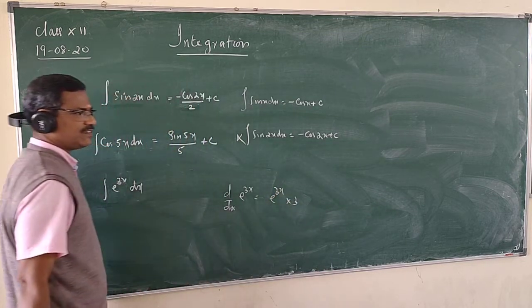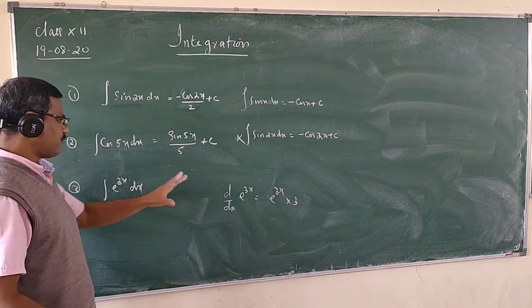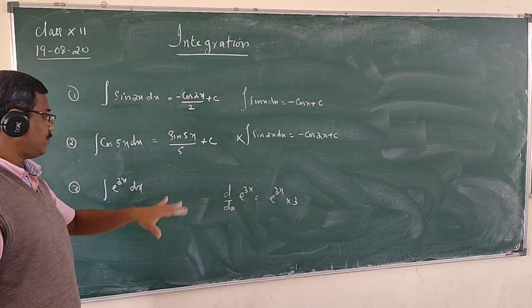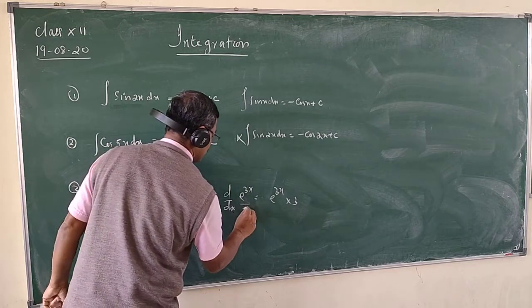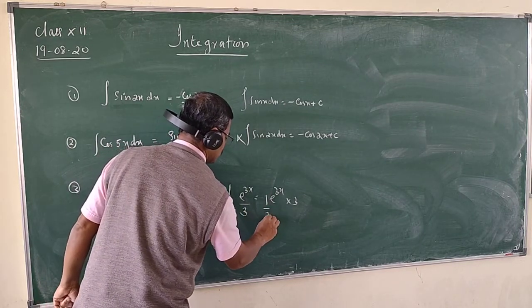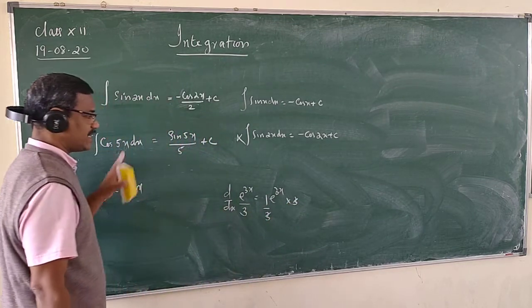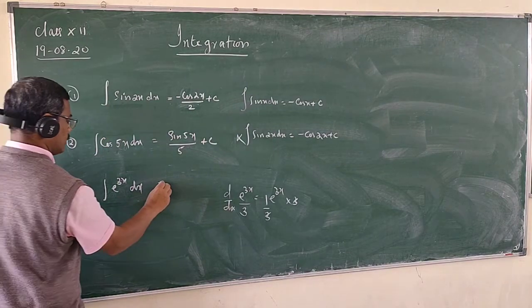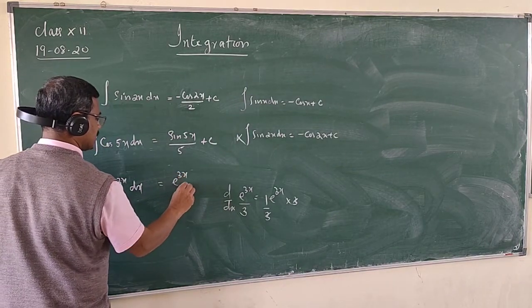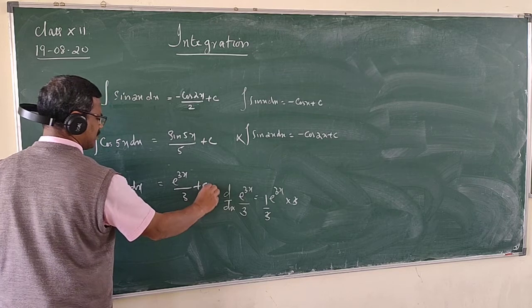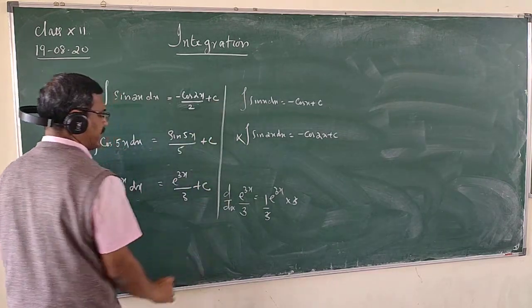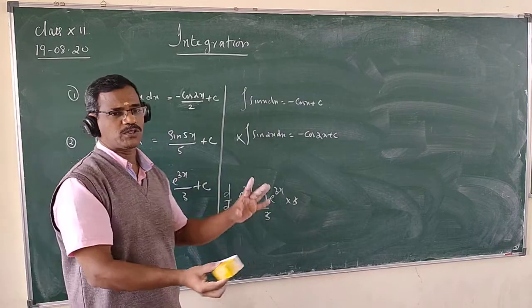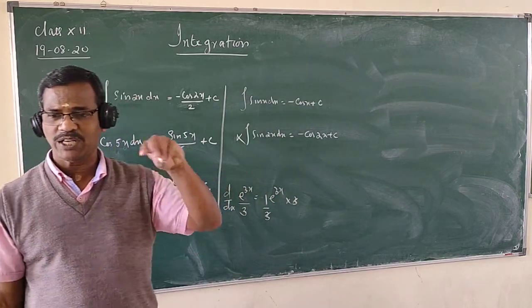So if you want a function whose derivative is exactly e raised to 3x, there should be a 1 by 3 here, so that this 3 cancels and you get exactly e raised to 3x. Proceeding in this process, we find the function which gives the result.